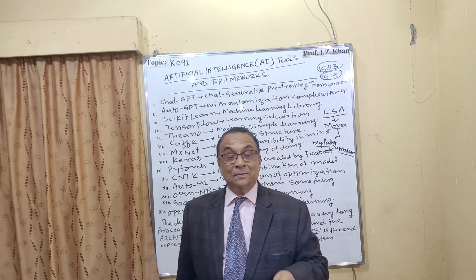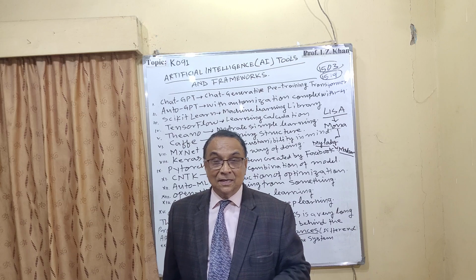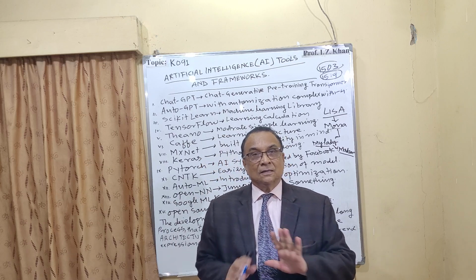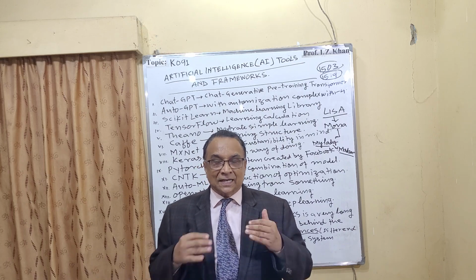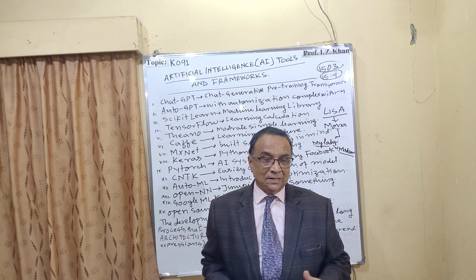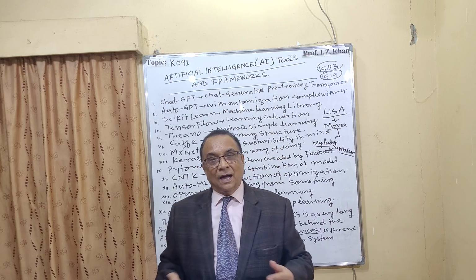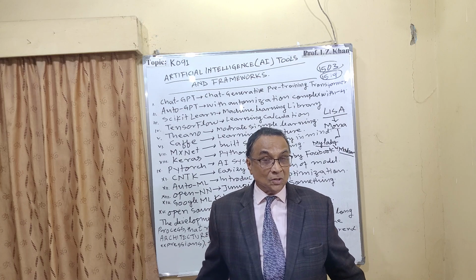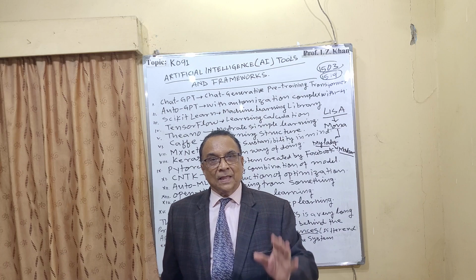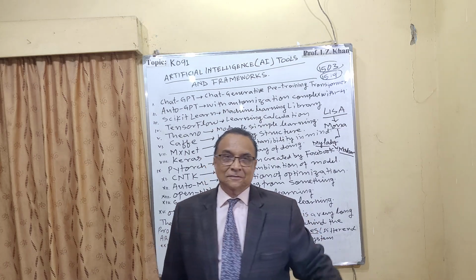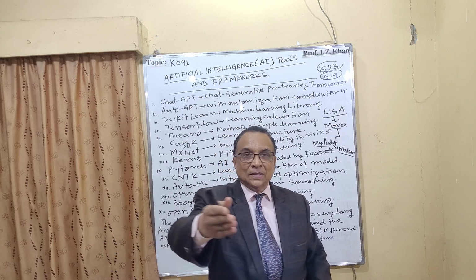Imagination, dreaming, emotion, feeling, experience of past, experience of present is not possible. Because this artificial intelligence, all tools, GPT software, Auto GPT, and so many other learning tools, they are only based on input and output. Whatever input is given, it will give the output.